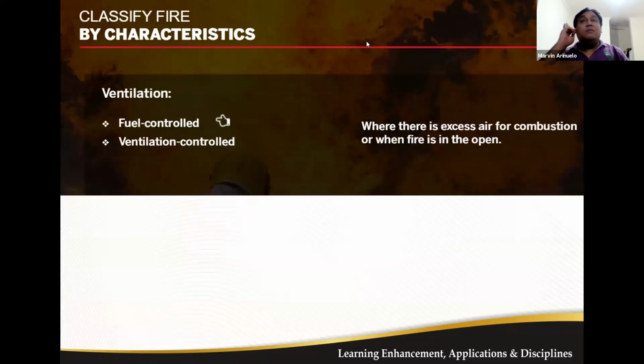Again, fuel control is where there is an excess air for combustion, or when the fire is in the open.